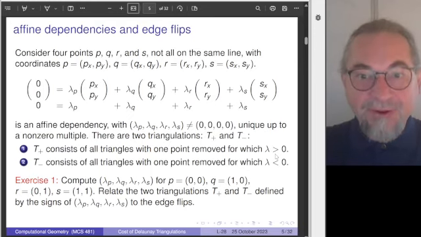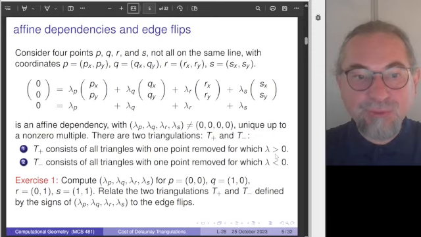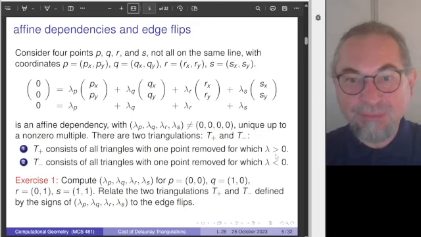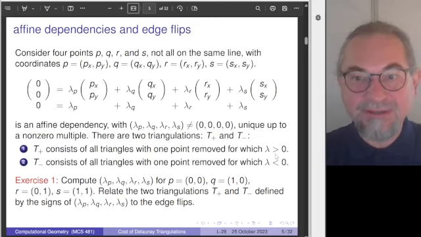It is an affine dependency unique up to a non-zero multiple. If you have such an affine dependency, then you can look at the plus signs and the minus signs in these coefficients. And there are 2 possible triangulations of such a set of 4 points.